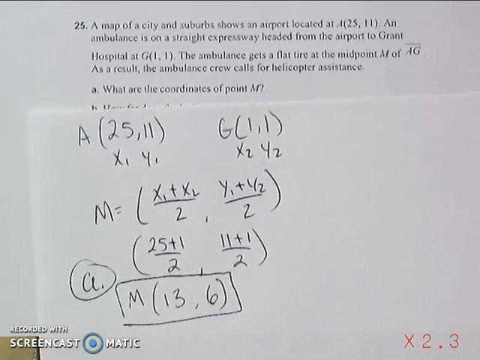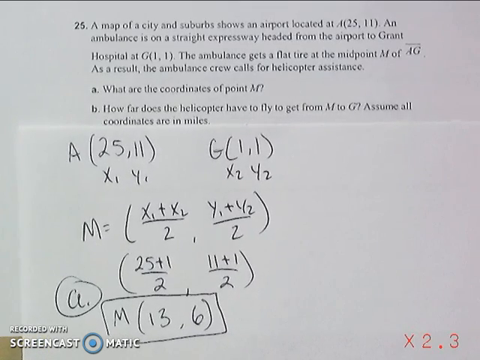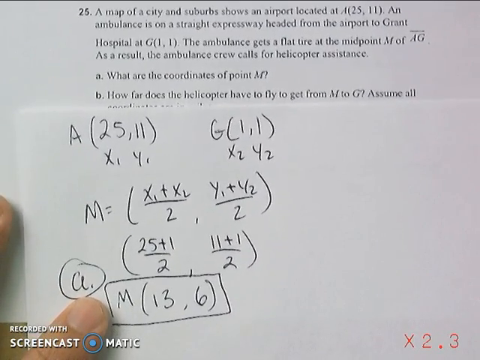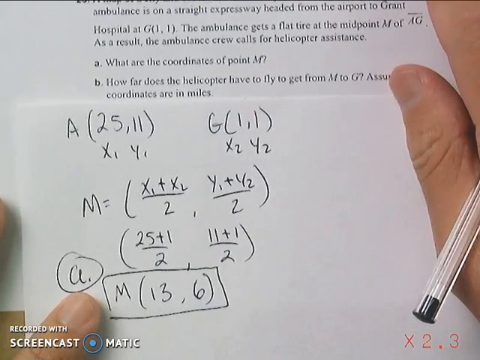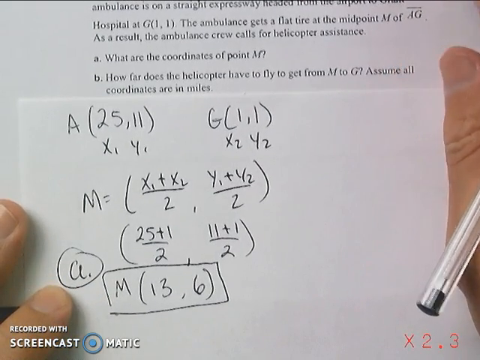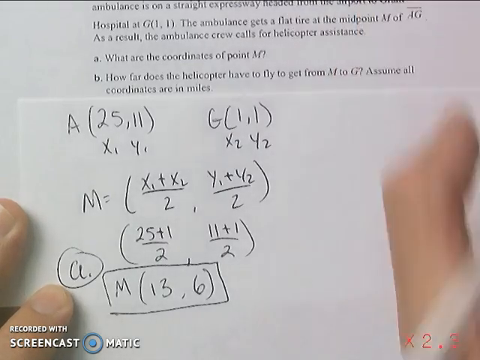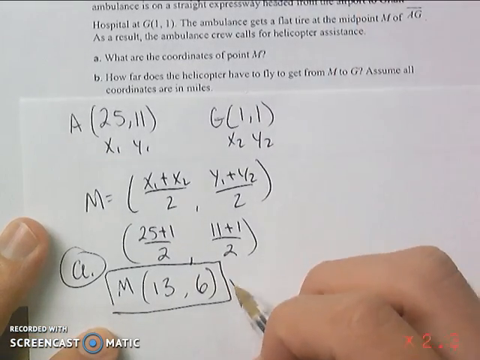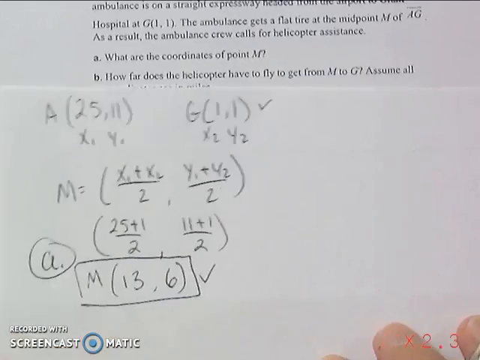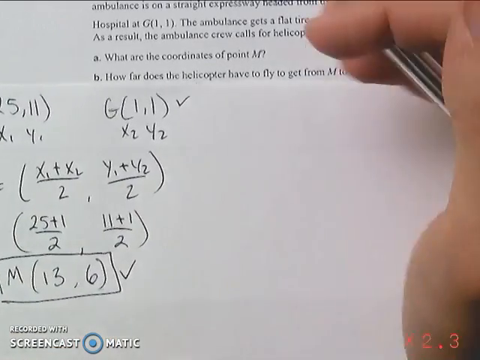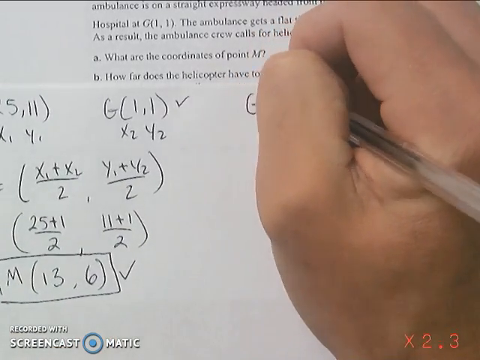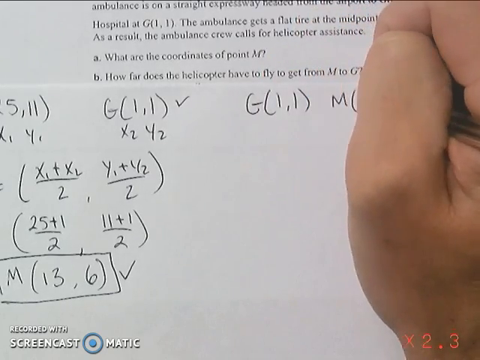Part B asks us how far the helicopter has to fly to get from M to G. Okay, so we want to go from this point to that point. So I'm going to go ahead and rewrite these points, 1, 1, and 13, 6.